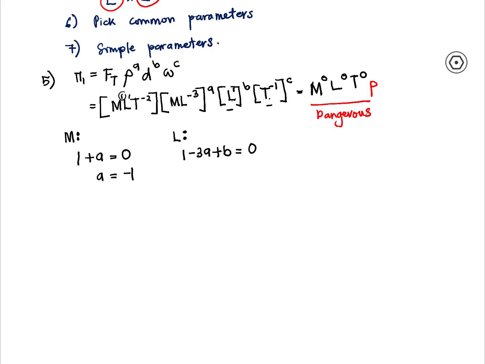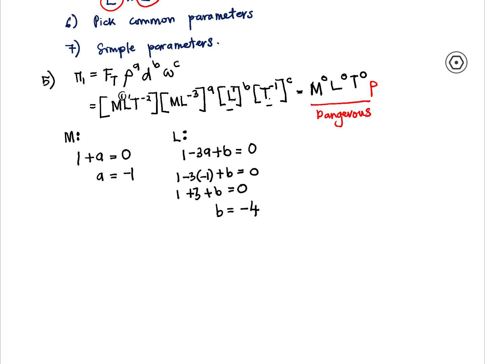Now substitute the value for A into this equation. 1 minus 3 minus 1 plus B equal to 0. So 1 plus 3 plus B equal to 0. So B is equal to minus 4.